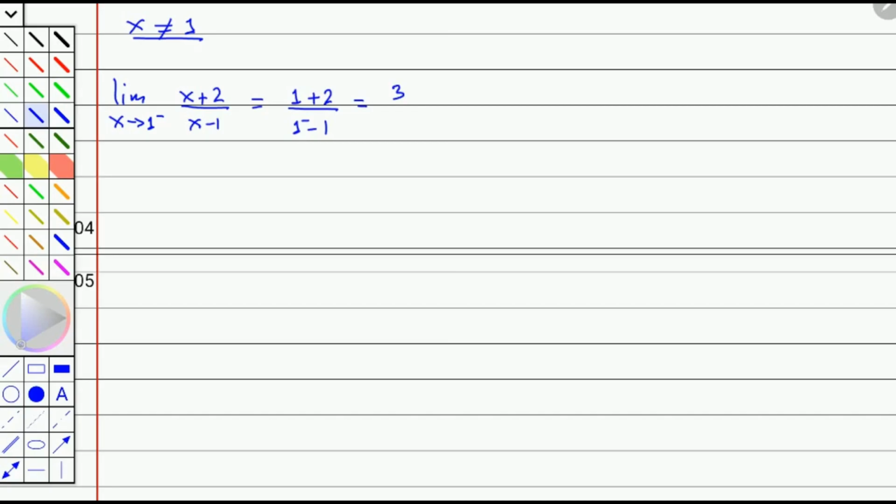So it will become 3 divided by 0 minus, because this number is a little bit smaller than 1. So the 0 is going to be on the negative side. So this results in negative infinity.